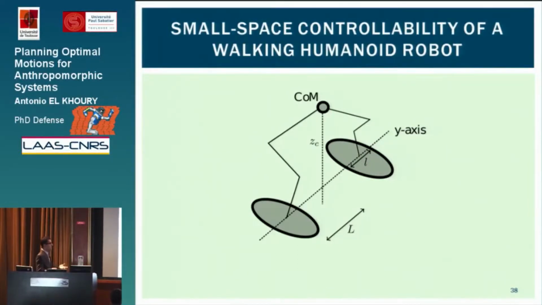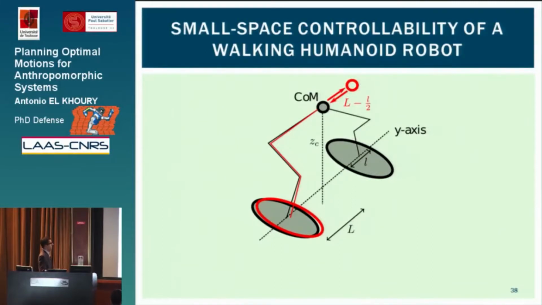Now, if we consider a statically balanced robot, the center of mass projection needs to be constantly inside the support polygon. So if you want to lift the foot and put it back very close to it, we always need to move the center of mass first over the left leg, and then once we put back the right foot, we can move the center of mass back to its original position.